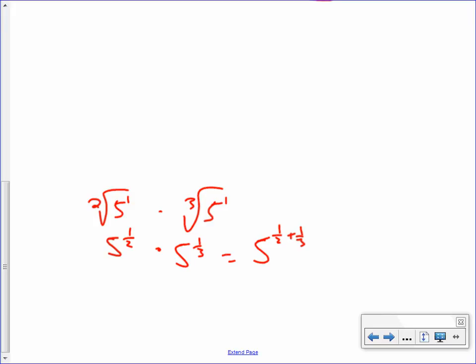Common denominator is 6. So this needs to be multiplied by 3, and this needs to be multiplied by 2. So this is actually 5 to the 5/6, because the common denominator of 2 and 3 is 6.